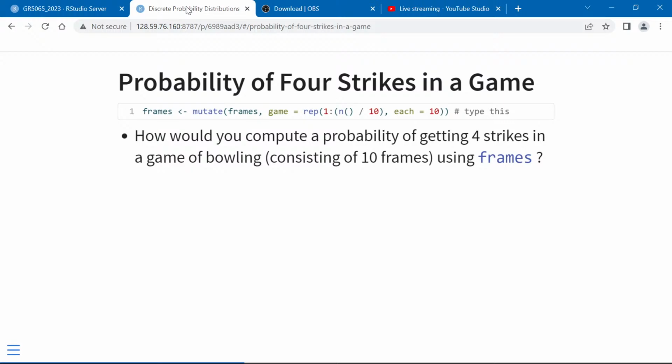If we wanted to compute the probability of getting exactly 4 strikes in a game of bowling, which consists of 10 frames, how would we do that the modern way, using the simulations we have from the model and this one line, which you should type?